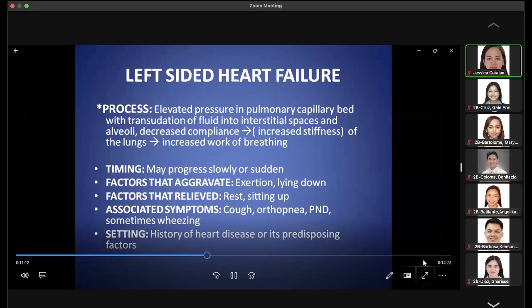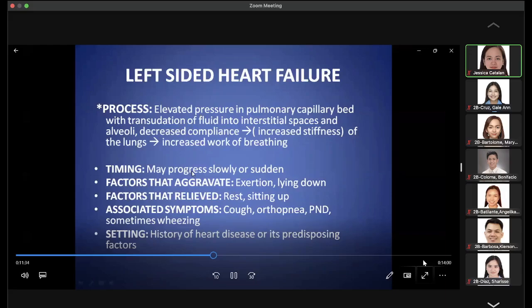In turn, there will be transudation of fluid into the interstitial spaces and the alveoli, decreasing the compliance and increasing the stiffness of the lungs because of increased fluid. Hence, as a result, there is an increased work of breathing.